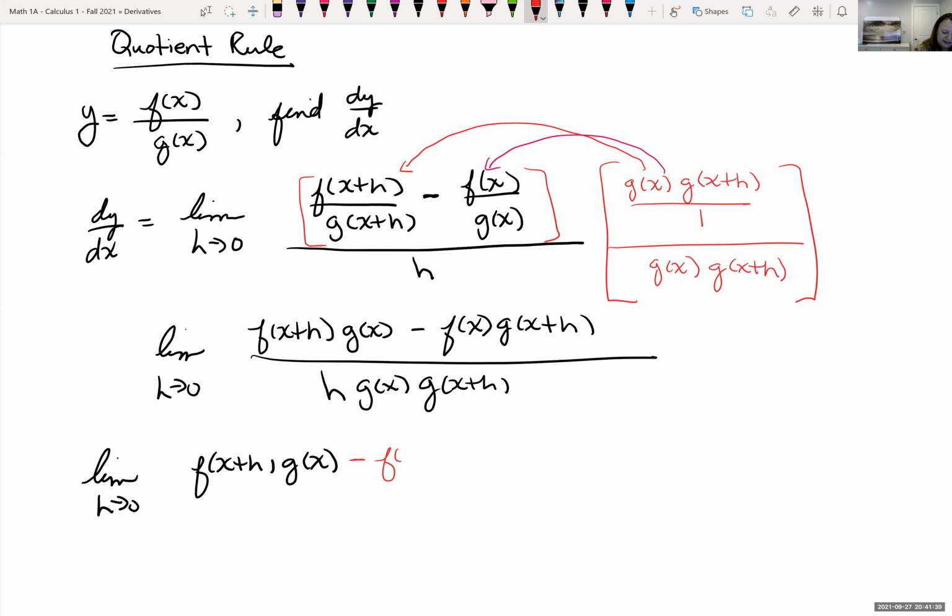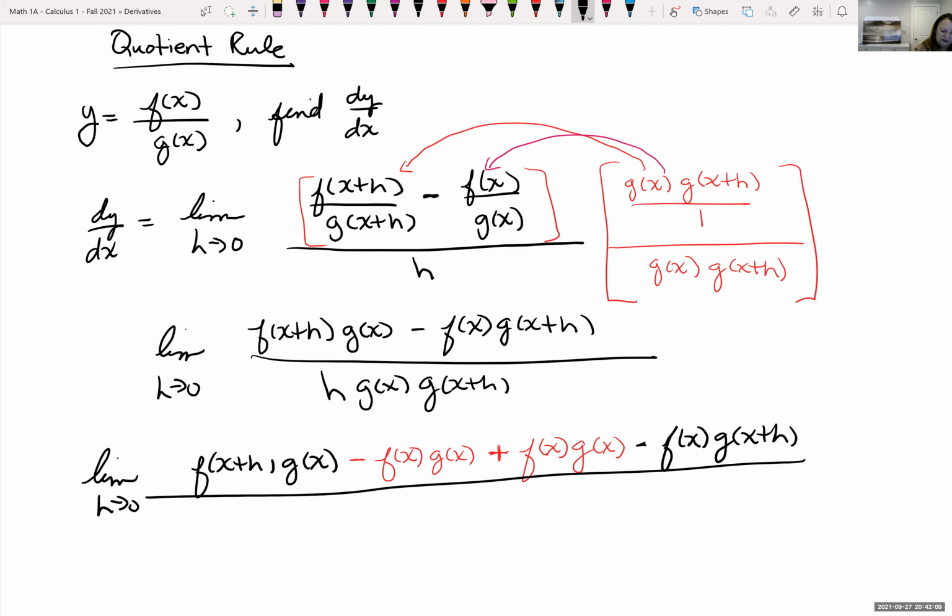So minus f of x times g of x and plus f of x times g of x. So it's just adding 0, minus my second piece over here. So that is f of x plus h. No, it's not. It's f of x times g of x plus h. All over this h times g of x times g of x plus h.